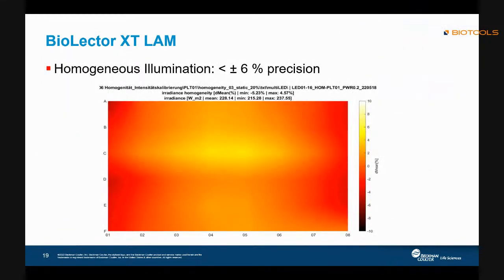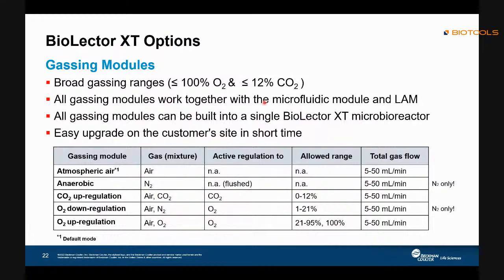I'm not going to talk in detail. If in the future you have any interest in these instruments, you can talk with our partner. But now this is some talk about how we can adjust the illumination to make sure that the light is good.